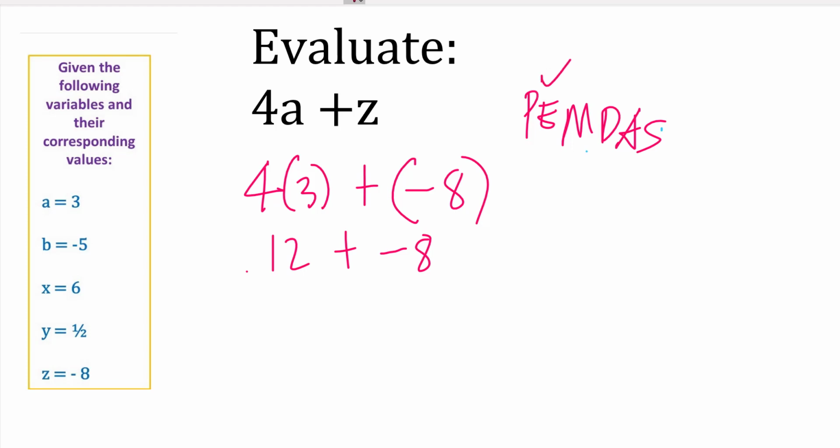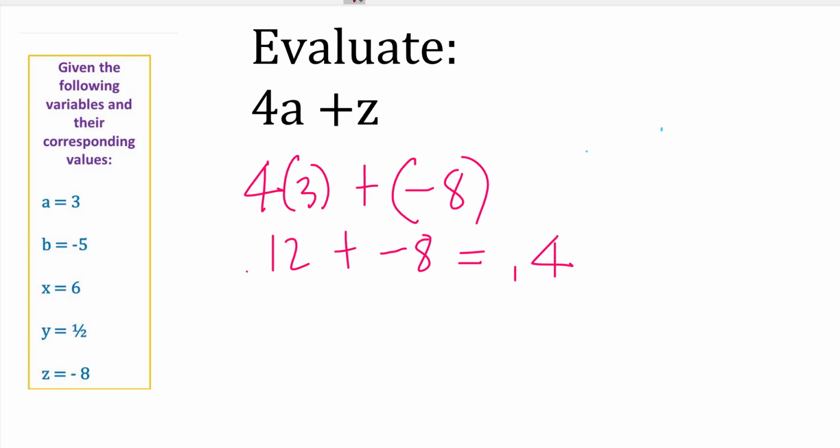In this case, we have parentheses, and we have multiplication, and then we have addition, and probably subtraction. Subtraction depends on how we approach the case. All right. Okay. So 12 plus -8. We know how to do that already. We have done a lot of expressions. Then this would be equal to 4.